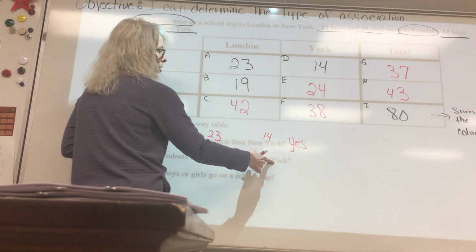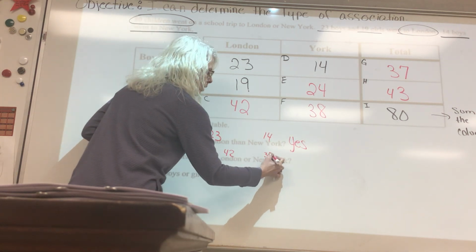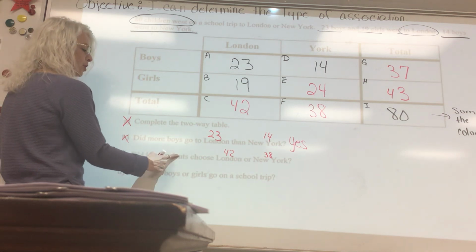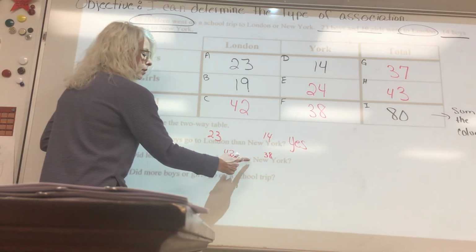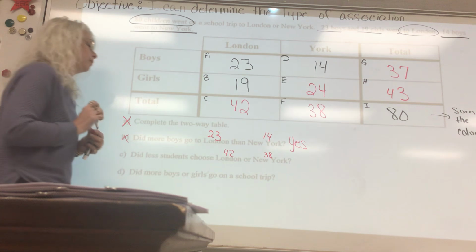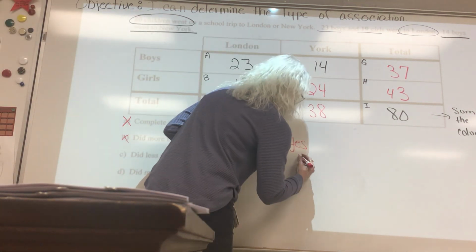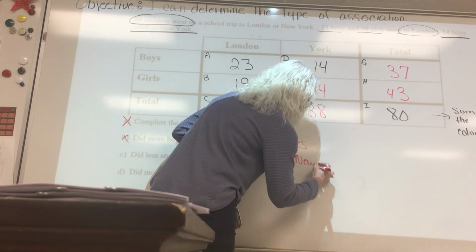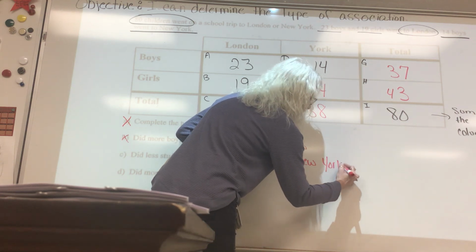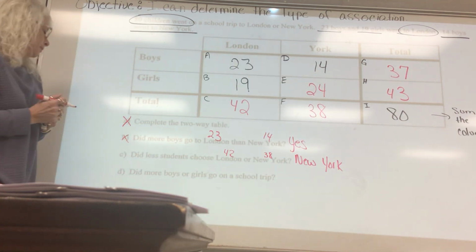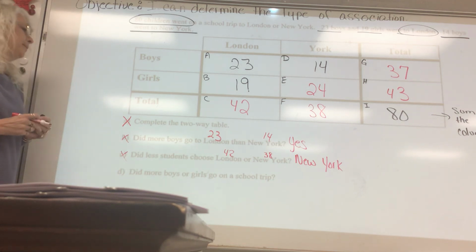How many students chose New York? So did less students choose London or New York? Which one? New York. And we're done with problem C.